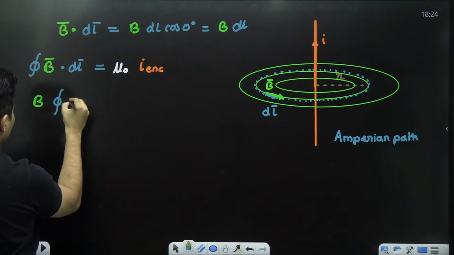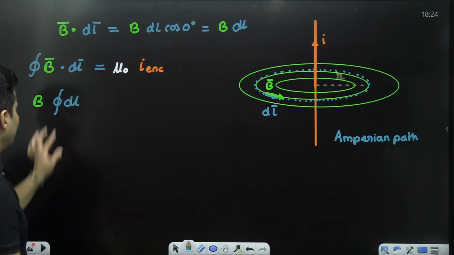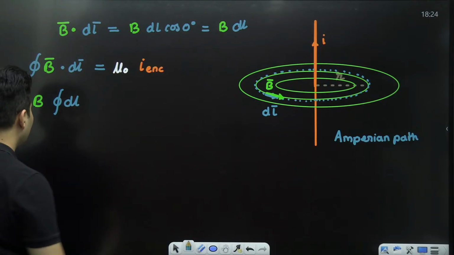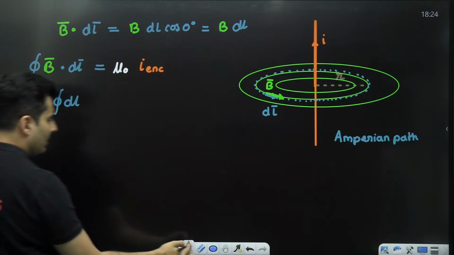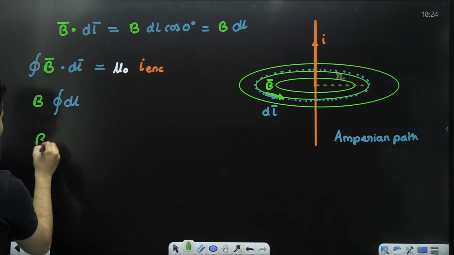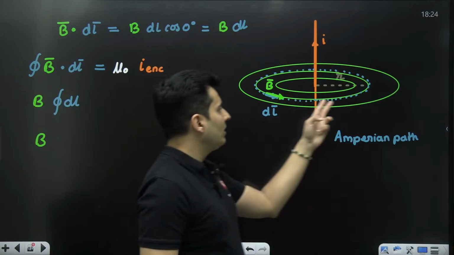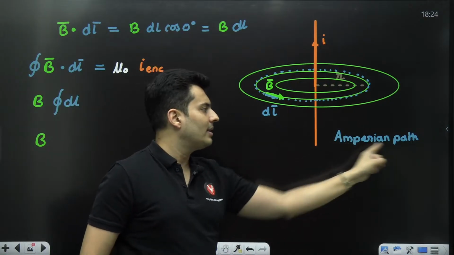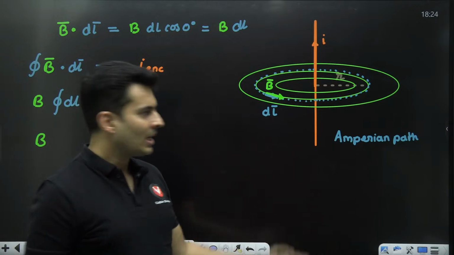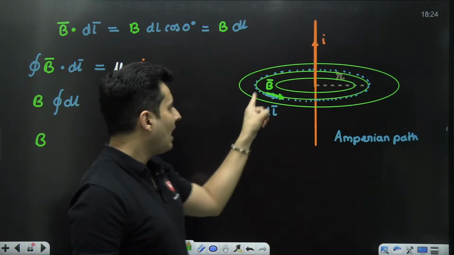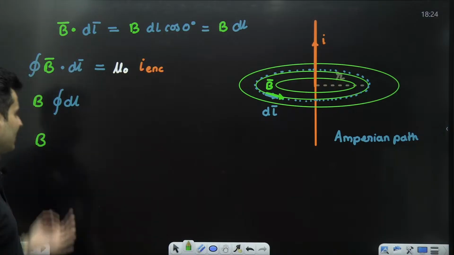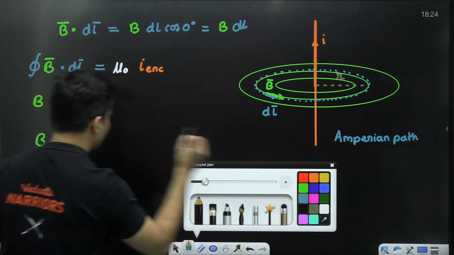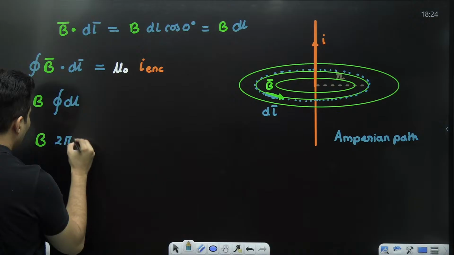Inside the integration, I will be just left with dl. What happens in the next step? Think about it. If I add all the small lengths and come back to the same point, I'll get the circumference of this Amperian path. I'm just adding all the lengths and I'm coming back to the same point. It is circumference, and circumference of a circle is nothing but 2 pi r.